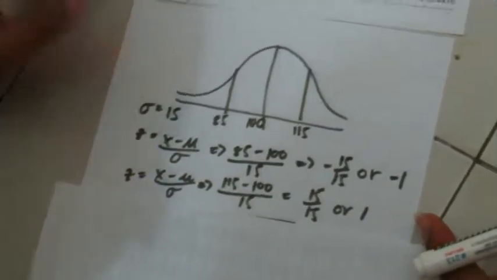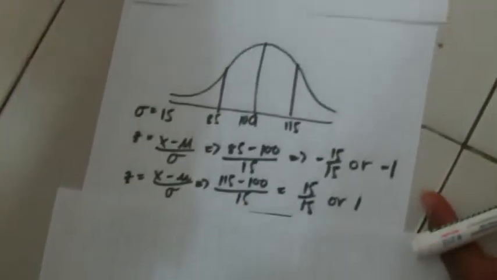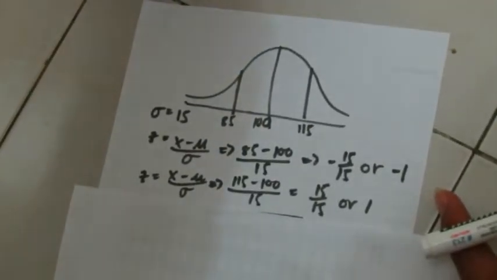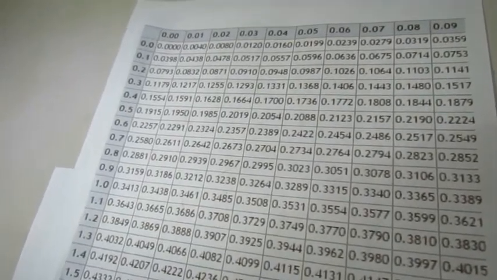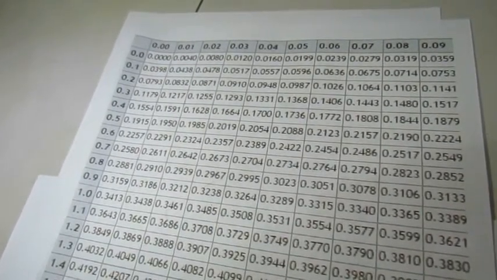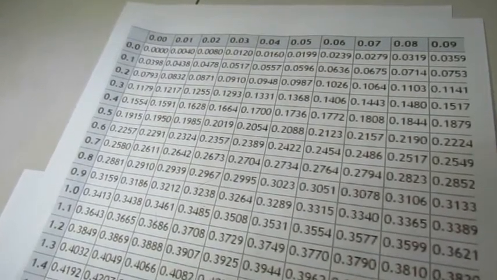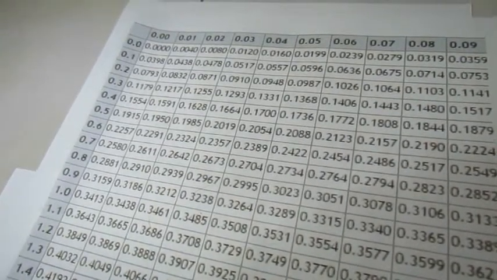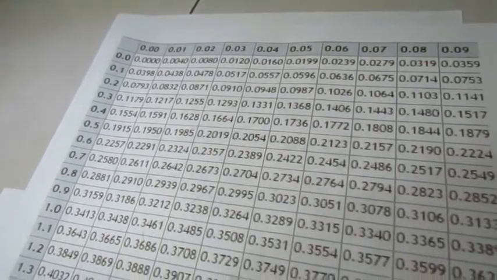So at this point we'll be using the z-table. So here's how to use the z-table. Alright, so you use the z-table to find the p-value. When you solve for the z-score, it came out that your z-score is 1.